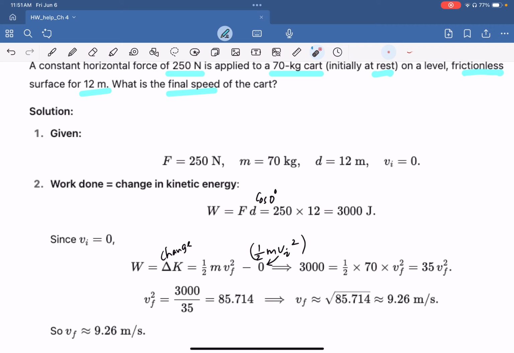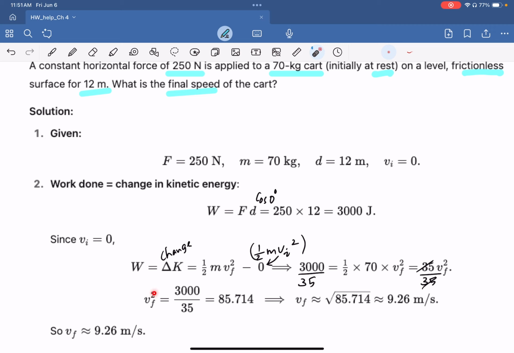70 divided by 2 is 35. So now we have 3,000 is 35 times the square of the final velocity. We have to divide both sides by 35. 35 cancels out here, and you get 3,000 divided by 35, which is this number.